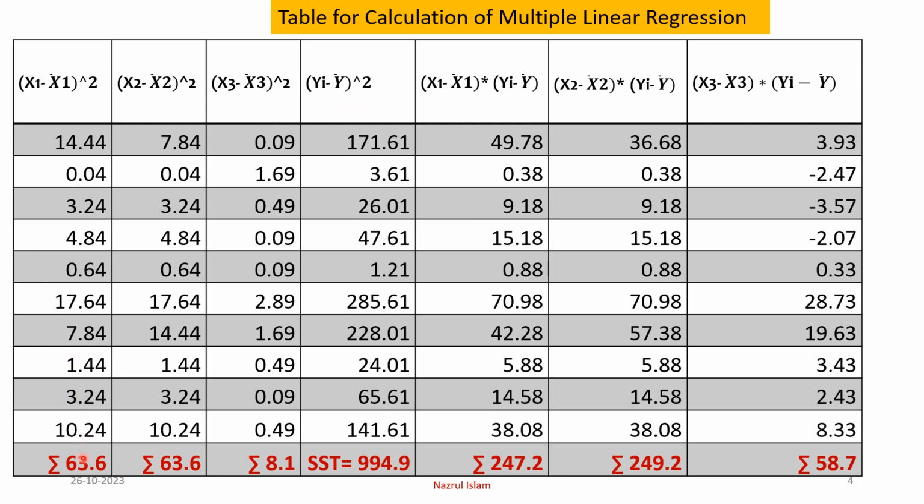These are the square values, and we will sum these values. Then we will multiply x1 minus bar x1 by yi minus bar y, x2 minus bar x2 by yi minus bar y, and x3 minus bar x3 by yi minus bar y. Then we take the summation of all these values.